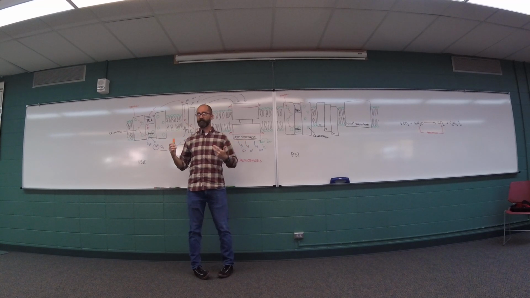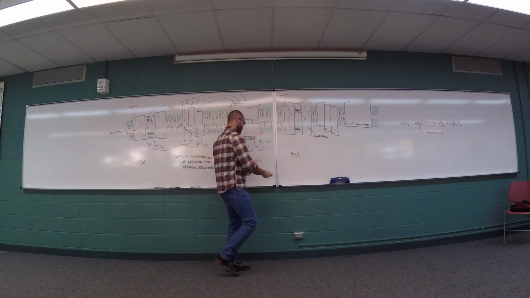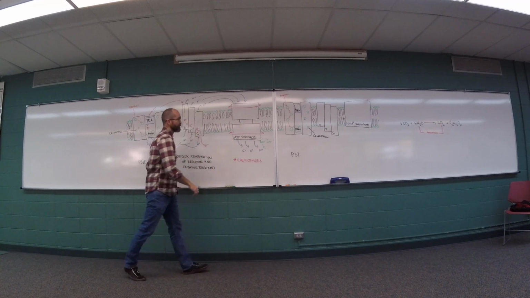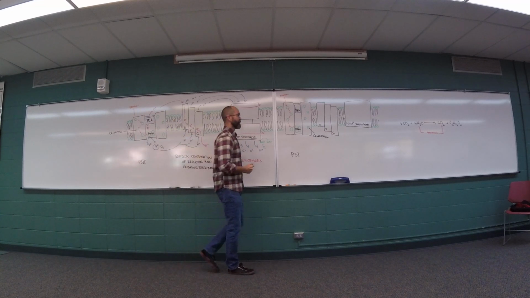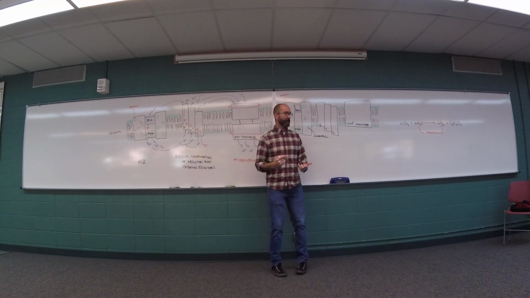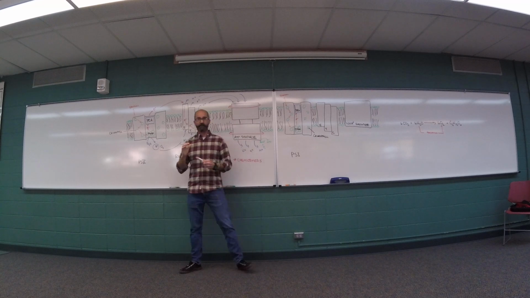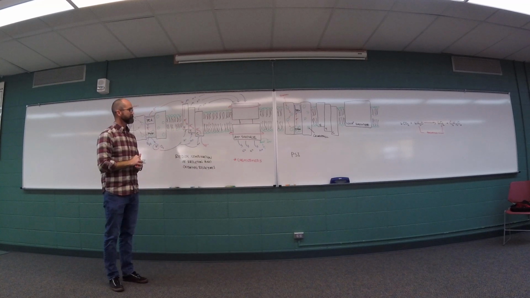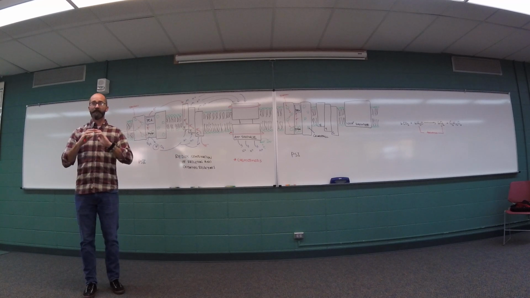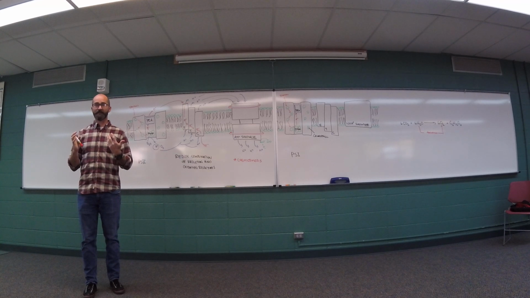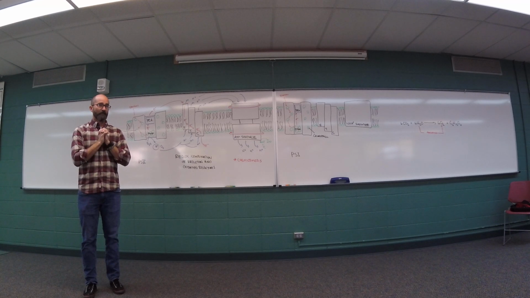Okay, so P700 becomes so energized that what happens to it? Yeah, it gets oxidized, right? So it loses an electron up to the primary electron acceptor. Okay, so far the process is identical to that in photosystem 2.